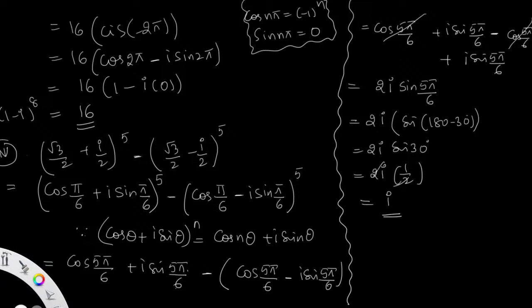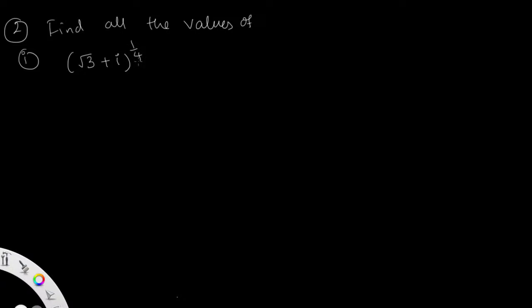Now I am going to the second bit: find all the values of (√3 + i) to the power of 1/4.